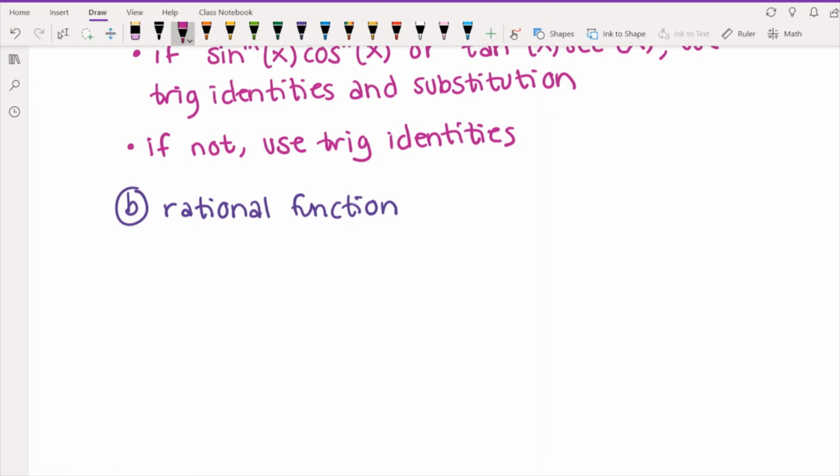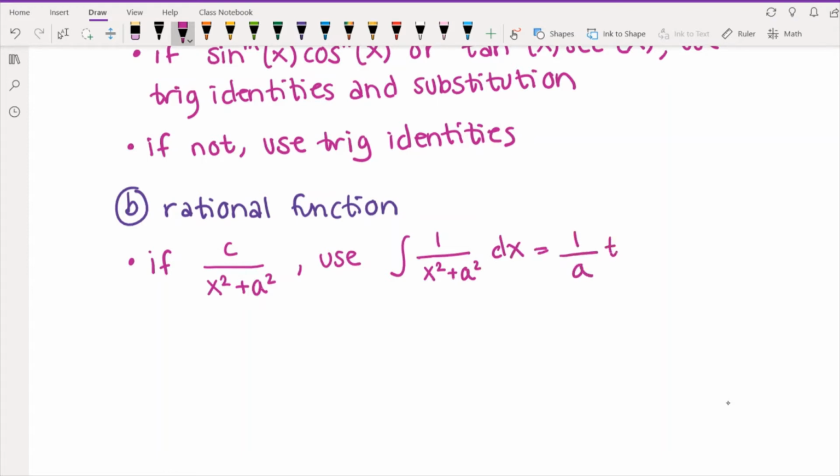The first thing is if your integrand is of the form, let's say, c over x squared plus a squared, then you can use the fact that the integral of 1 over x squared plus a squared, which is something we talked about very recently, is an inverse tangent. So that's one thing you want to look for.